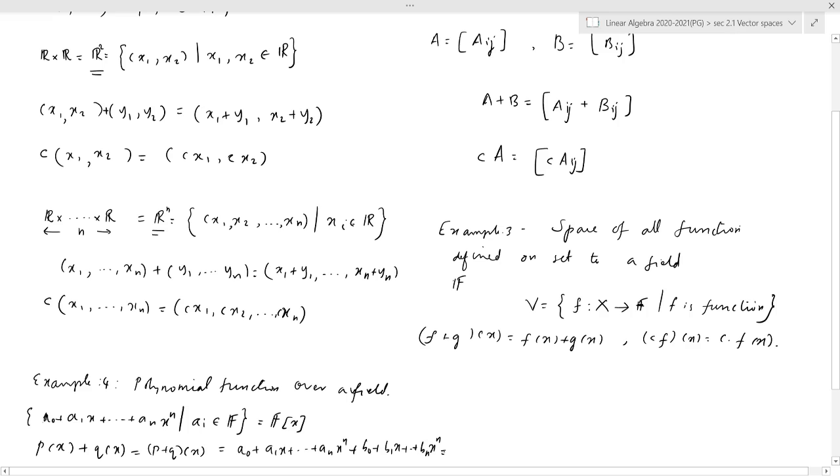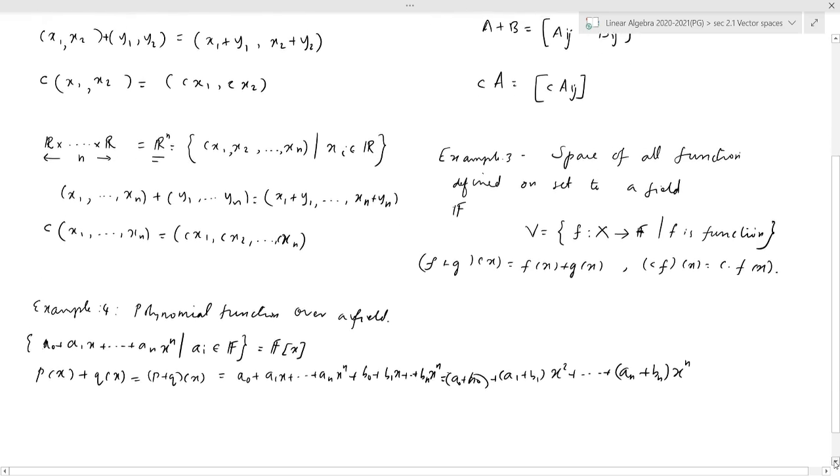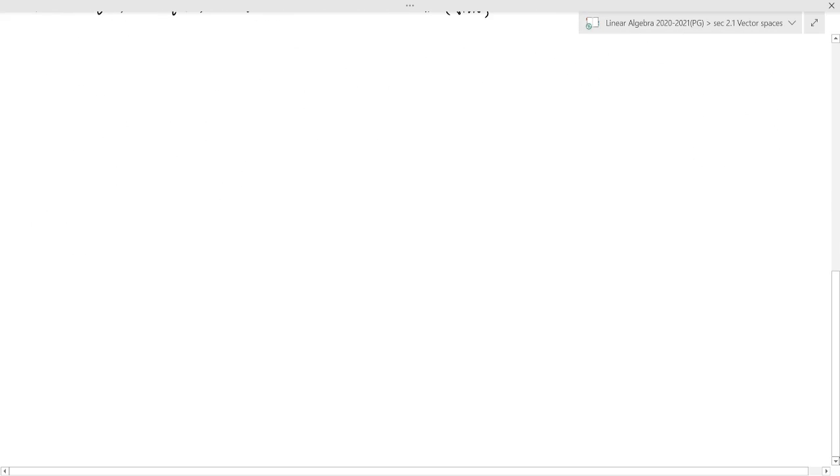You can add this as a naught plus b naught, plus (a1 plus b1) x, plus etc. plus (an plus bn) x raised to n. That is the sum of corresponding terms of the polynomial. So this is again a vector addition in the set of all polynomial functions.